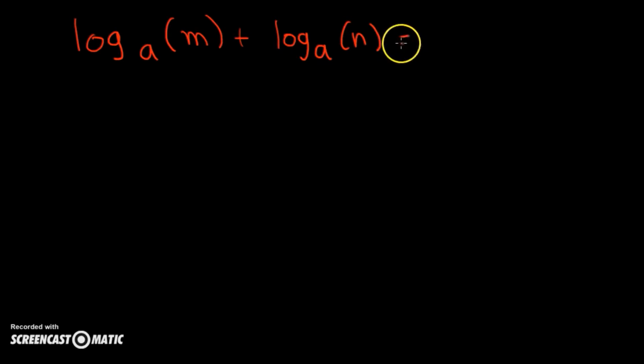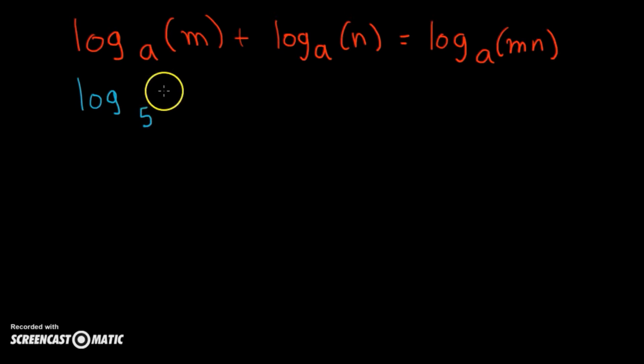Let's look at a few rules here. Log to the base a of m plus log to the base a of n equals log to the base a of mn. Let's plug in a few numbers. Let's say 5, for instance.